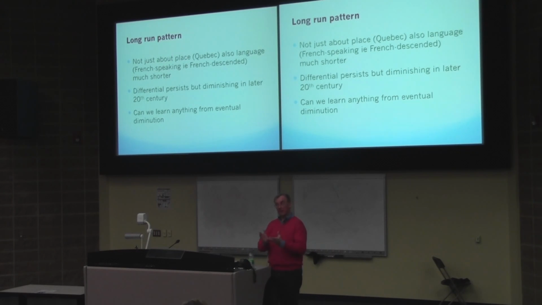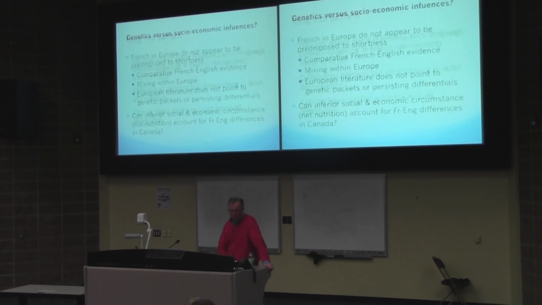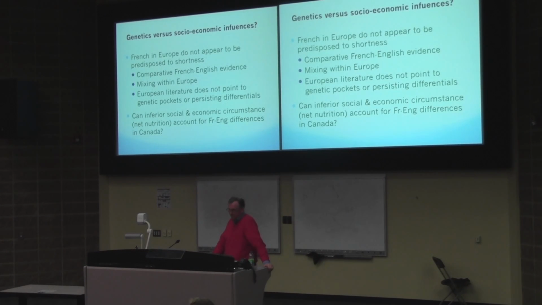And certainly in rural areas, very little mixture with non-French descended populations. So it's a very particular kind of population. Is there something genetic here that we can talk about? And I'll come back to this later.